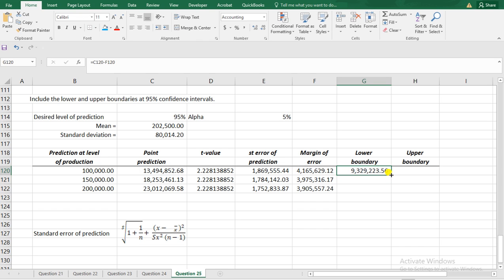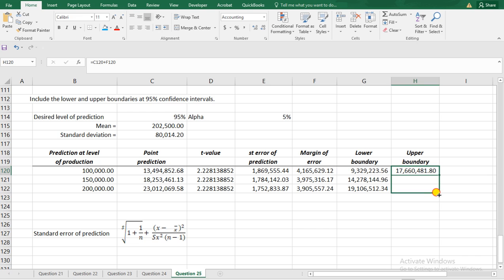I scroll down like that. Upper boundary will also be simple because I'll just take our point prediction and add our margin of error, right? In that case, we add our margin of error. So this is what I'll be having here.